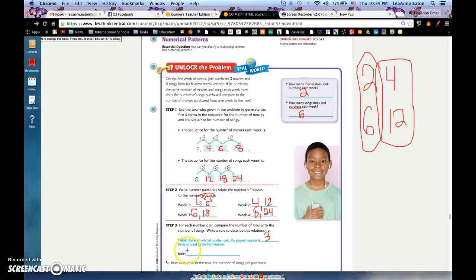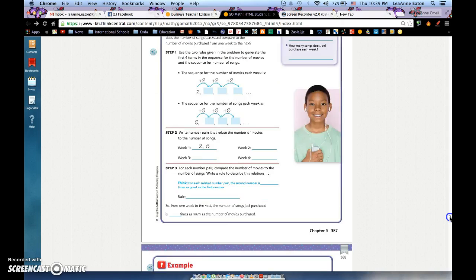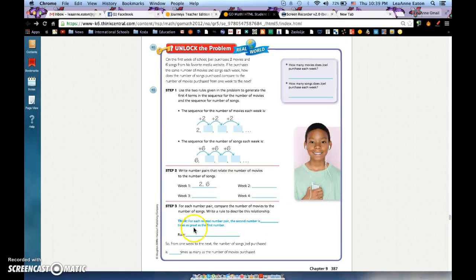So the rule is that, I'm going to erase this. Sorry guys. I need to scroll down. So the rule is songs are equal to 3 times movies.